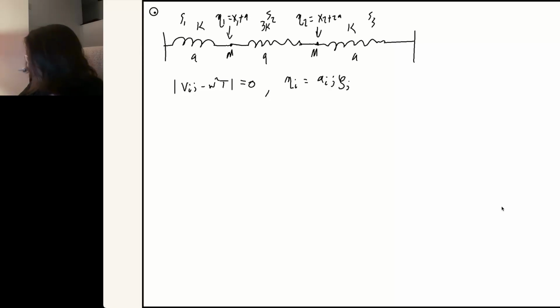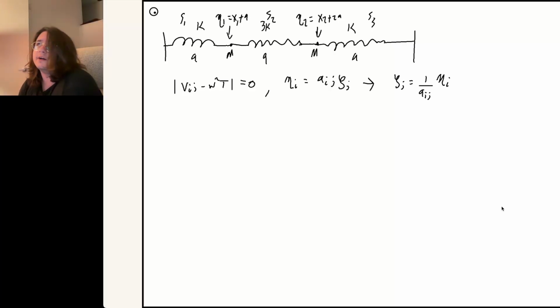So we can just invert that to find zeta_j equal to 1 over a_ij times eta_i, where a_ij are the elements of the eigenvectors that correspond to the eigenfrequencies for the system. So let's get to it.